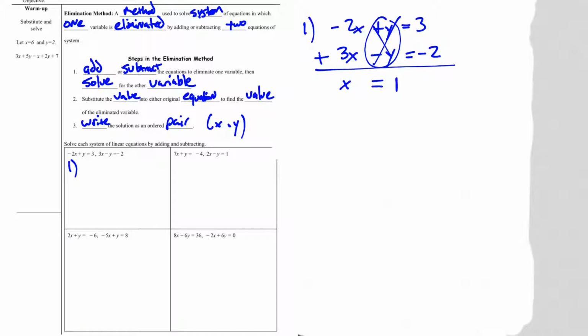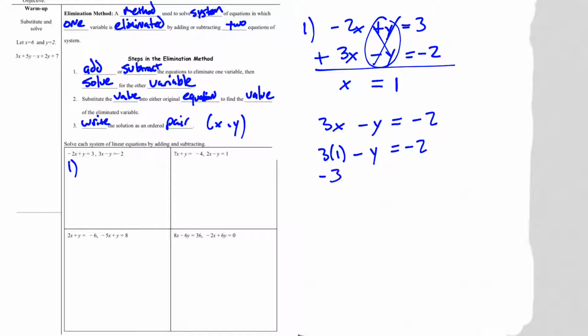If x is equal to 1, then I can substitute the value of 1 into the other equation, 3x minus y equals negative 2. Now I know x is 1, so 3 times 1 minus y is equal to negative 2. Now I can solve for y. 3 minus y is equal to negative 2.